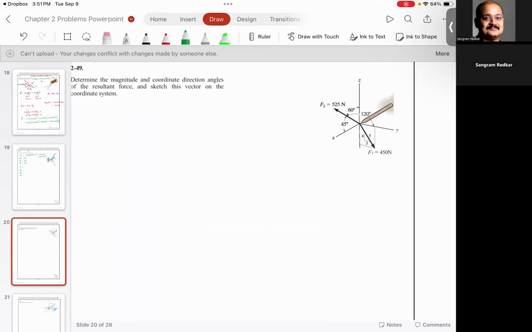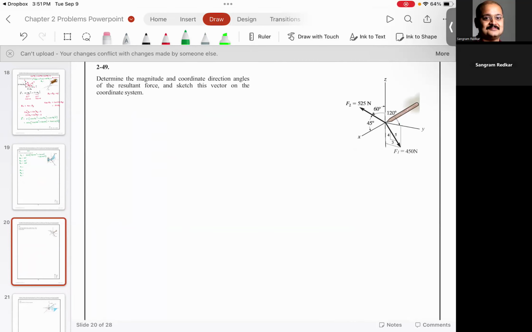Now here, same logic. Now you have to find the magnitude and the direction of these forces. So what's happening here? How many forces do we have? We have two forces, F1 and F2.